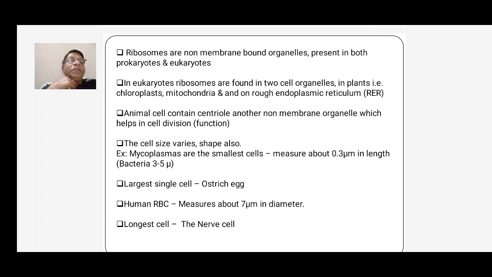The animal cell contains centriole, which is absent in plant cell. Okay, that's also very important point.